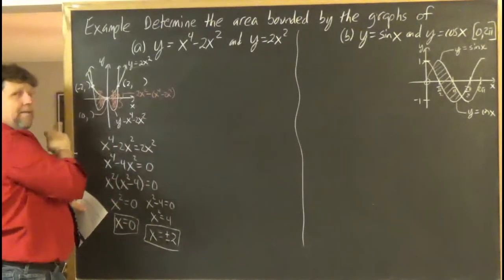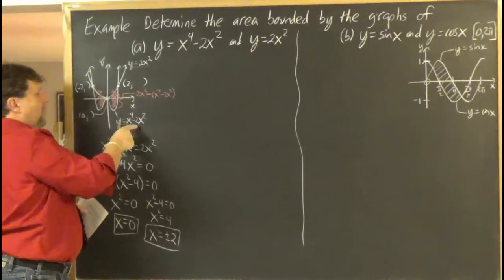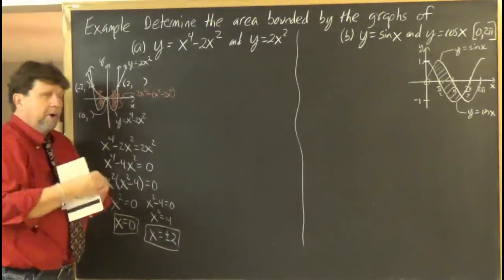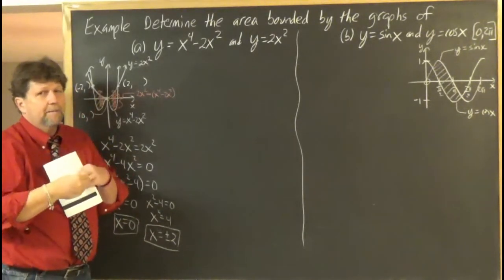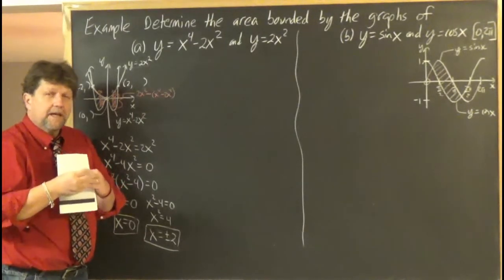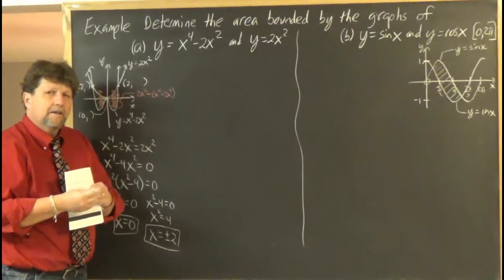And notice that's the same height of this rectangle here. It's 2x squared minus the quantity x to the fourth minus 2x squared. So both rectangles must have the same height because we have even functions. The graphs are symmetric about the y-axis.